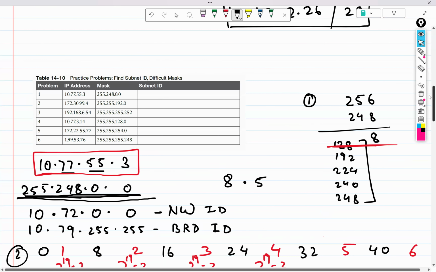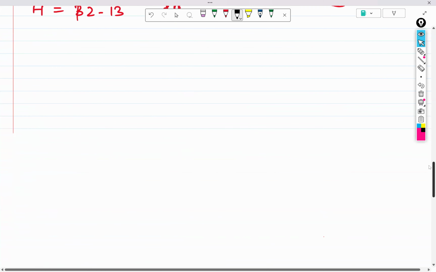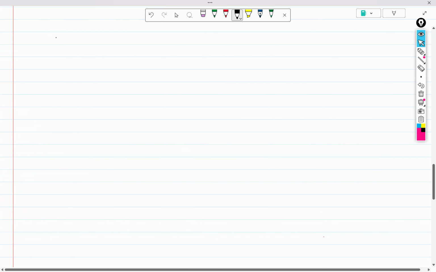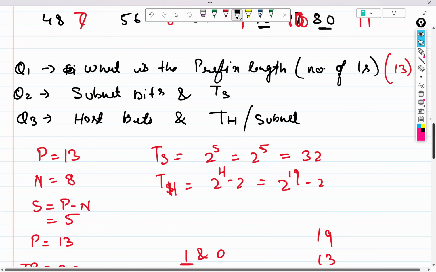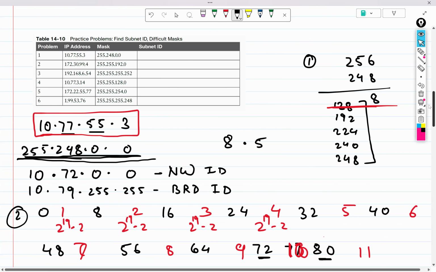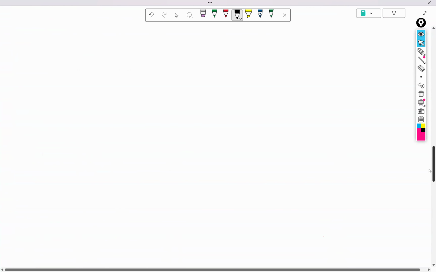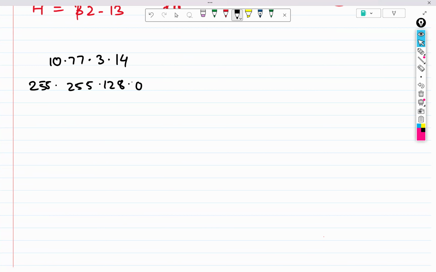The fourth one is 1077.314, and the address mask is 255.255.128.0. Correct.